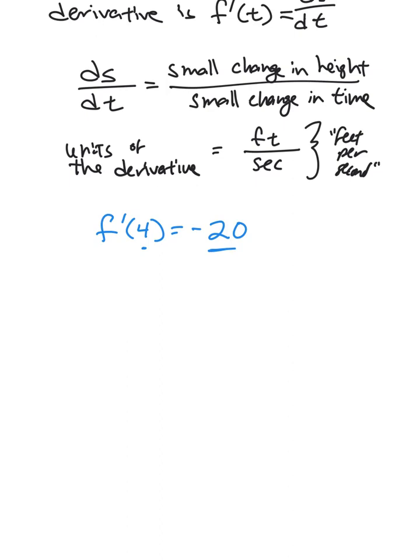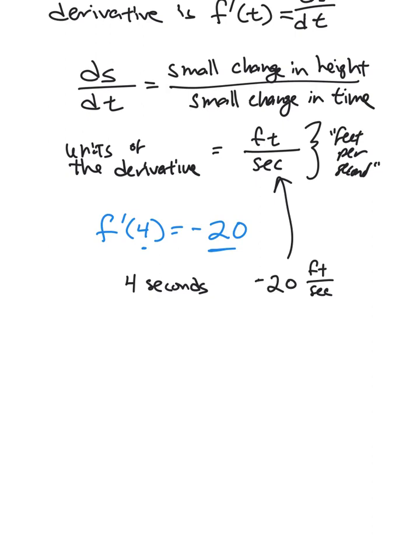In this case, the 4 is the input, and in f prime of t, t was time, so that 4 means 4 seconds. That negative 20 is equal to a derivative, so we look back up at these units, and that's negative 20 feet per second. Since it's negative, I'm going to think that must mean we're moving down, since it was the height of an object.